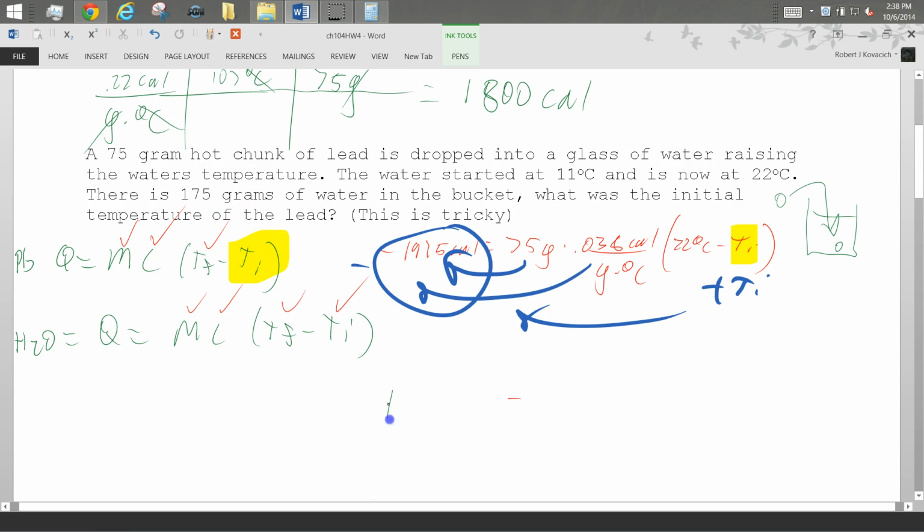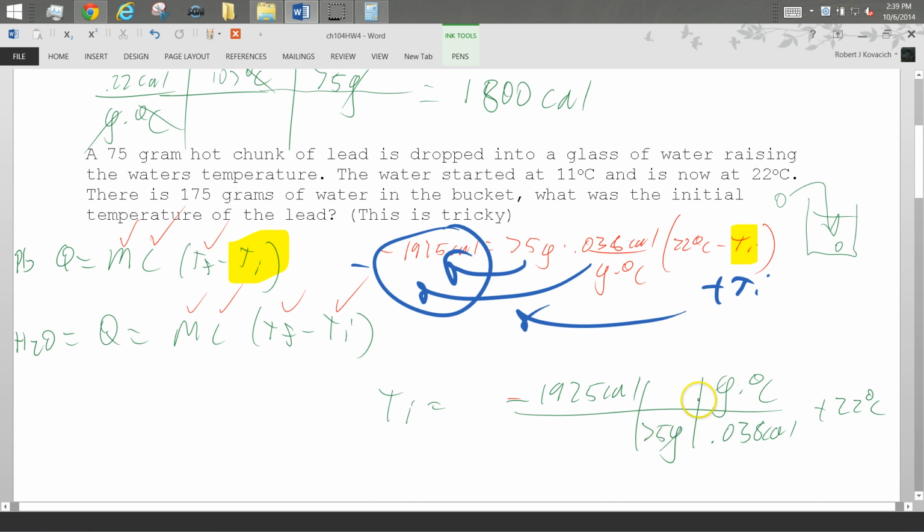So what I end up with is the temperature initial is equal to negative 1925 calories divided by 75 grams divided by 0.038 calories per gram degree C, and then I'm going to add 22 degrees Celsius to that.